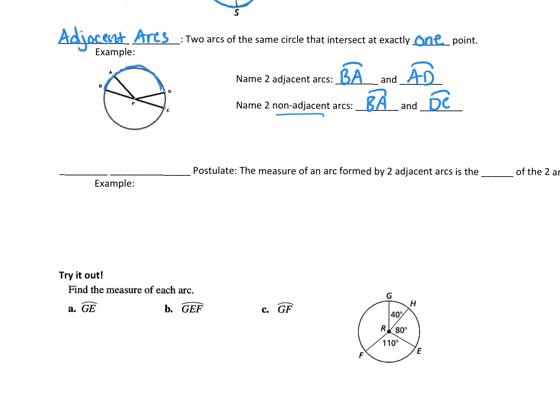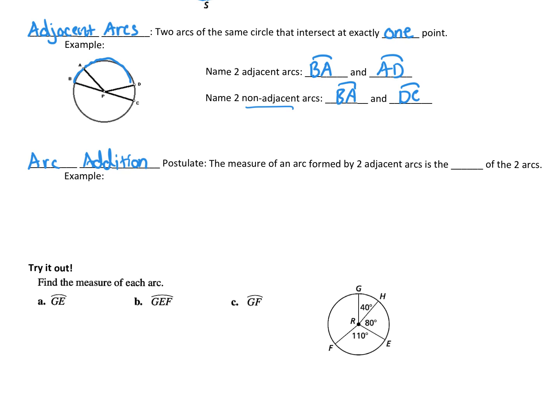Then the next one is the arc addition postulate. The arc addition postulate basically says the measure of the arc formed by two adjacent arcs is the sum of the two arcs.